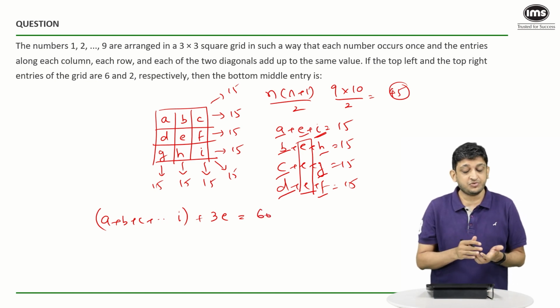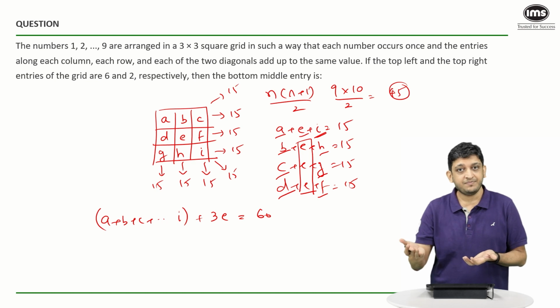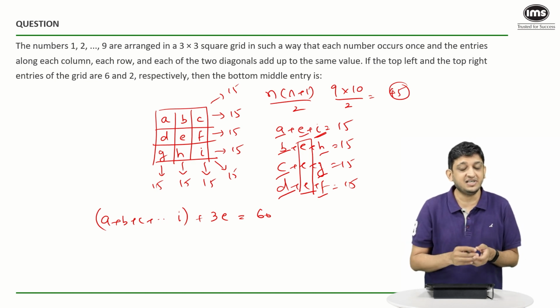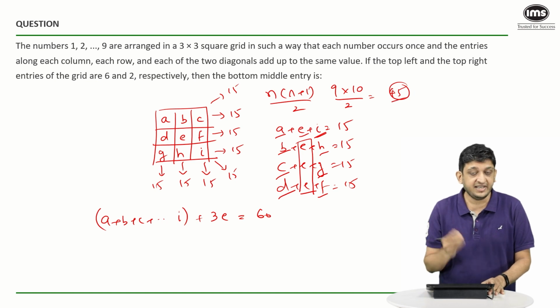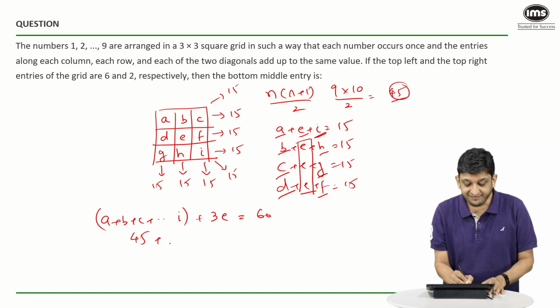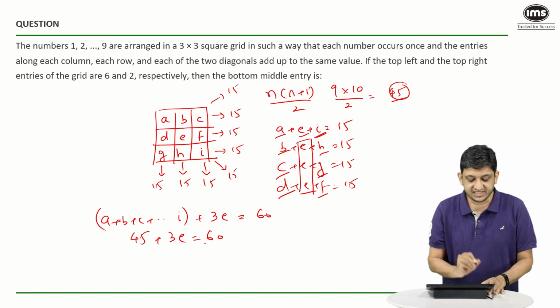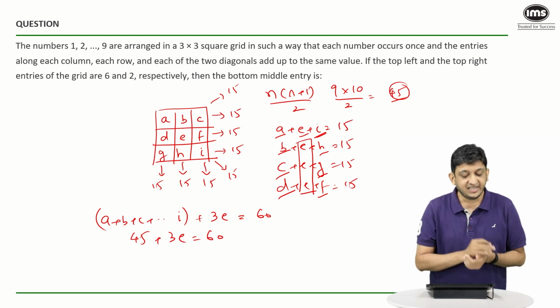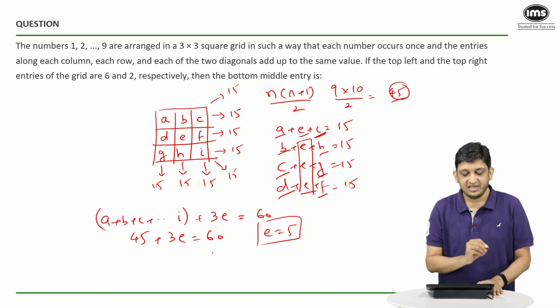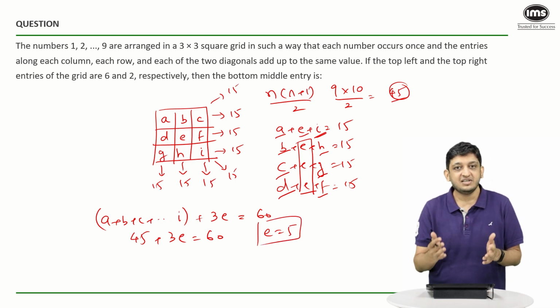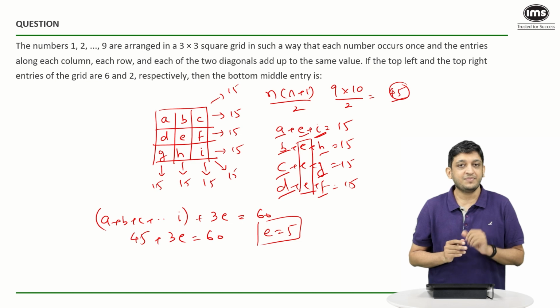I already knew the sum of A till I, because that is nothing but the sum of the first 9 natural numbers, and that is 45, as we have already calculated. So we get 45 plus 3E equals 60, or 3E equals 15, or E equals 5, and that is basically why you assume that the middle number is going to be 5.